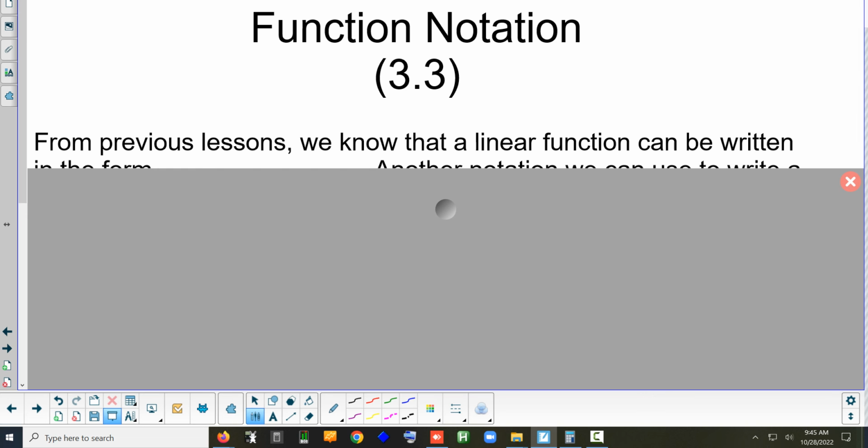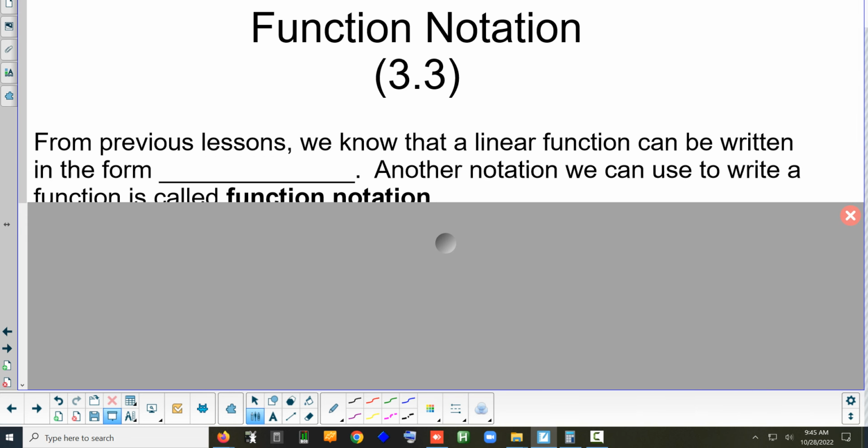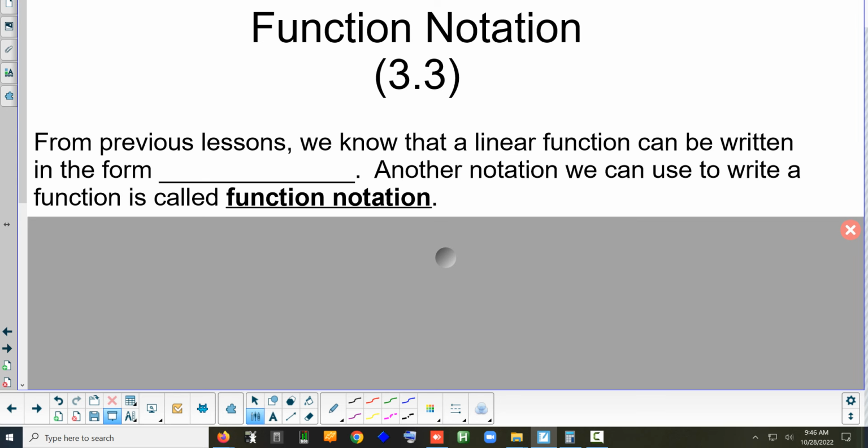Y equals mx plus b. Okay, so I think you guys have a blank on your guided notes. It says, we know that a linear function can be written in the form, then you have a blank line. You're just going to write in y equals mx plus b.